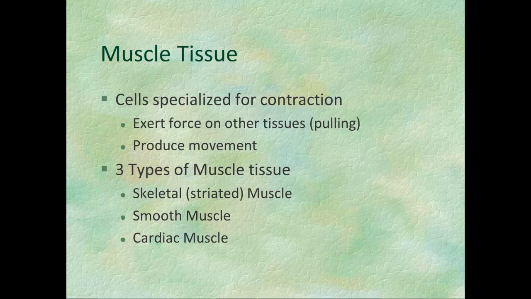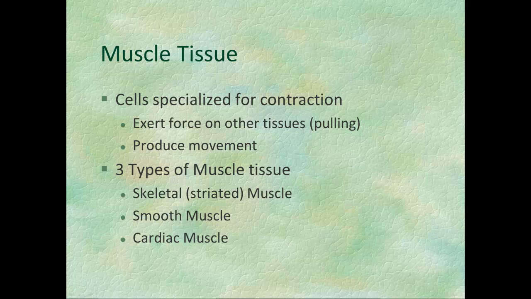Next, we have muscle tissue. And muscle tissue is specialized for contraction. The cells contract. That's what they do. They have protein fibers that are within the cells, and those fibers allow the cell to change shape, allowing them to contract, and when they contract, they exert a pulling force on other tissues, other structures.